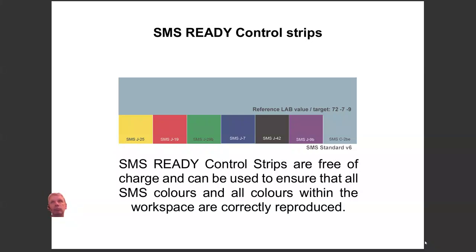So a little bit different from, let's say, typical color bars that printers are familiar with. We are not checking densities here. We are not checking tonal value increase or dot gain, anything like that. We are simply checking if the colors are correct or if the colors are wrong.